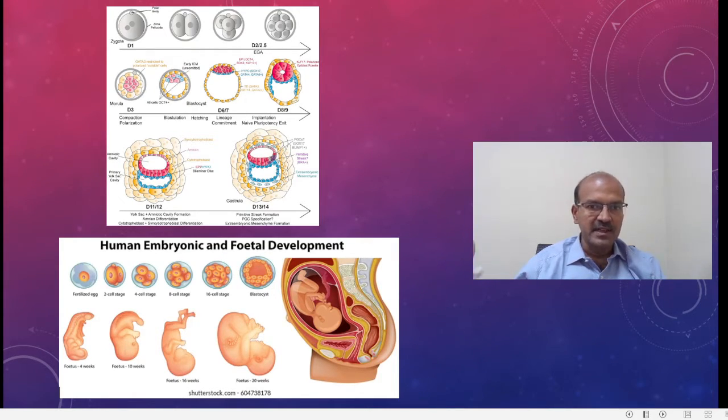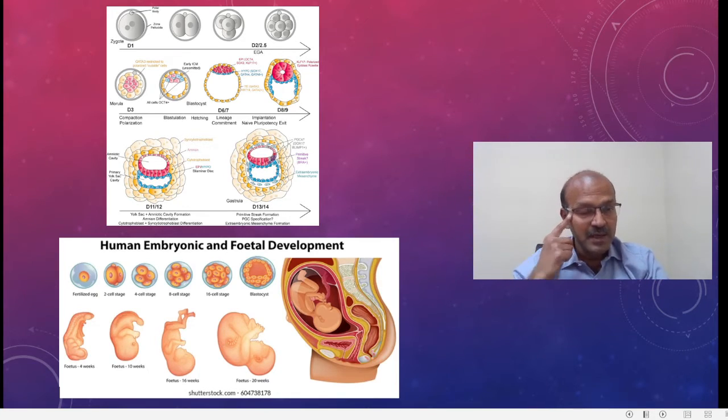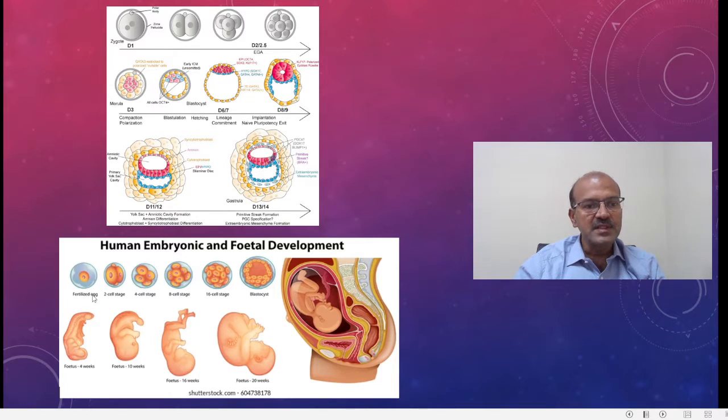So the gut, the lungs and so on develop from the endoderm. The mesenchyme leads to the muscle skeletal system, and the ectoderm leads to the skin, and the neural system develops from the neuroectoderm.